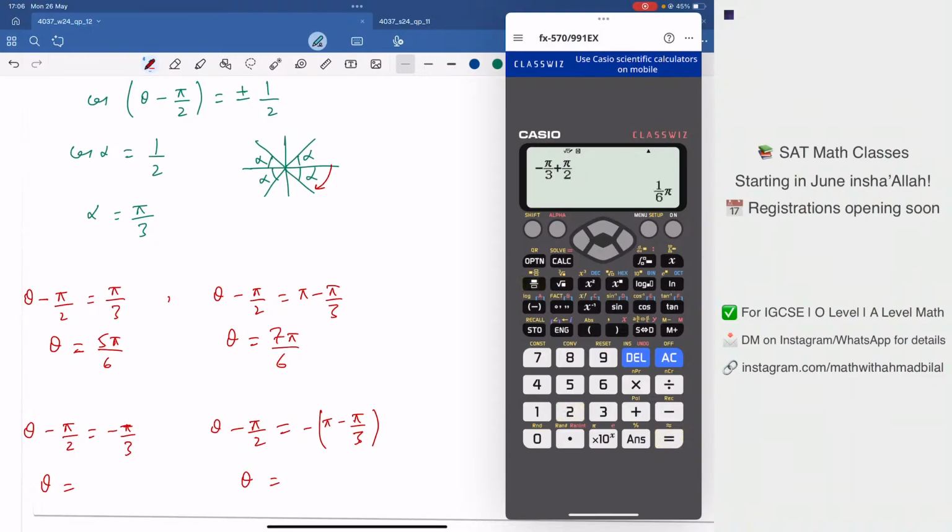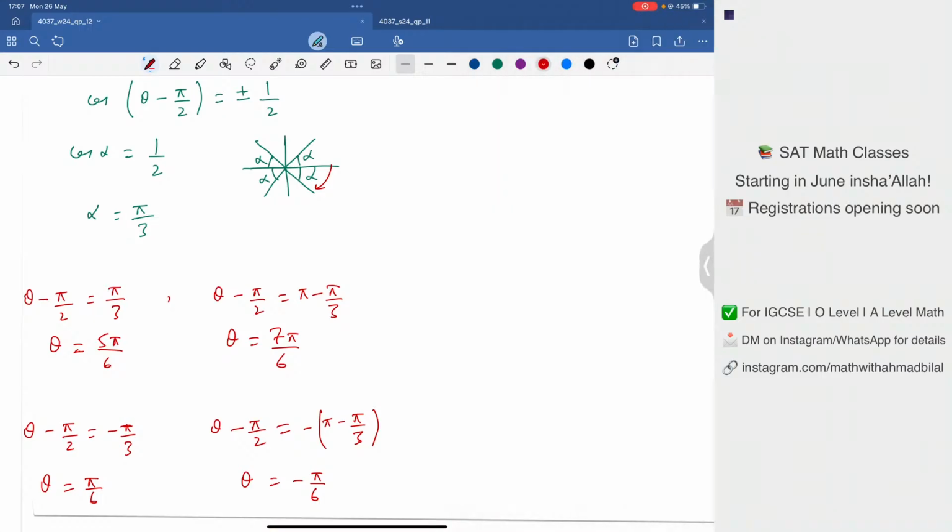And that's giving me pi over 6. That's another value of theta that I'm getting now. And then the last one, what's that? That's minus 2 pi over 3 plus pi over 2, and that's minus pi over 6. These are the four possible values of theta that we're getting from this.